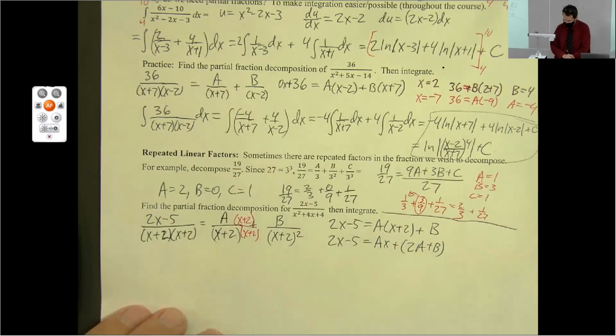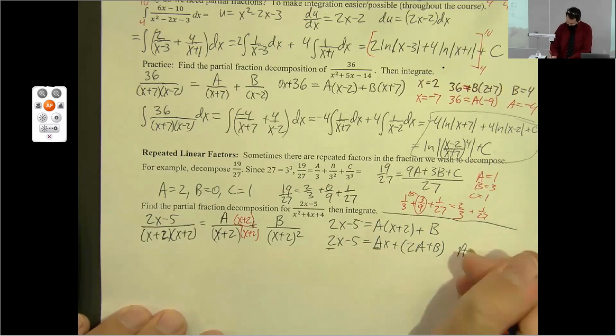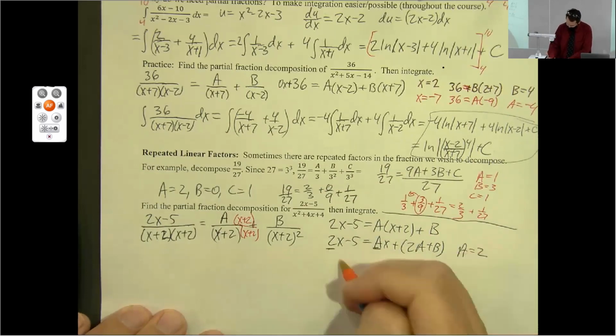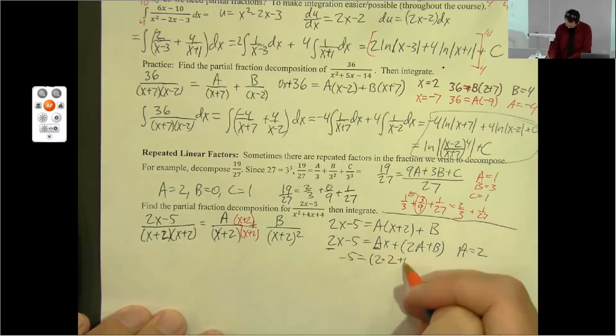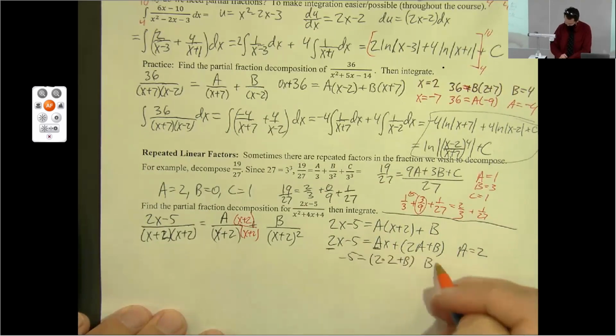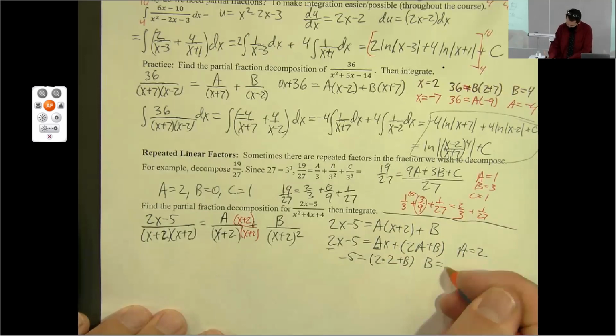So a has to equal 2, and then negative 5 is equal to 2 times 2 plus b. So that's a 4. If we subtract 4 from both sides, b has got to be negative 9.